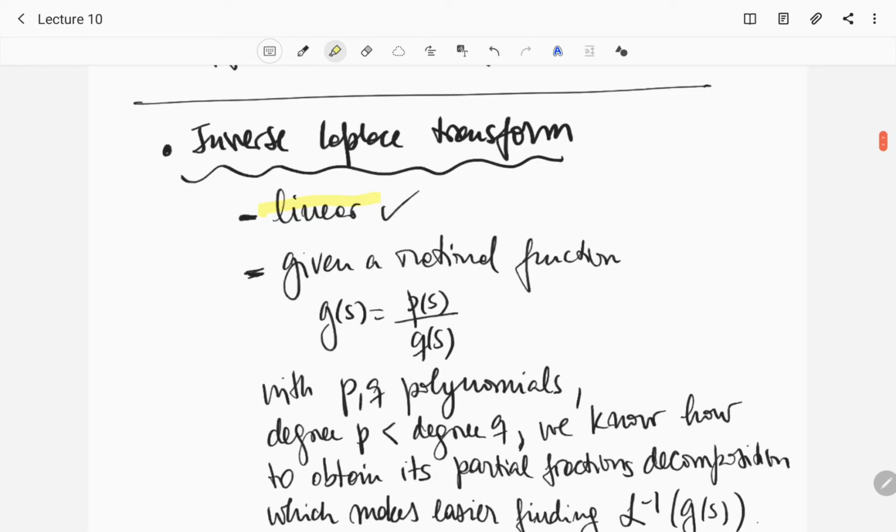We know that this inverse operator is linear, and we saw how to find the inverse Laplace transform of this special family of functions, rational functions, which means that we have a function consisting of one polynomial divided by another one, where the degree of p is strictly less than the degree of q.